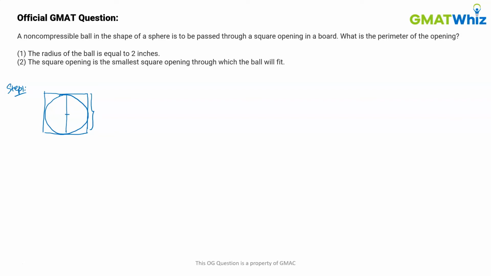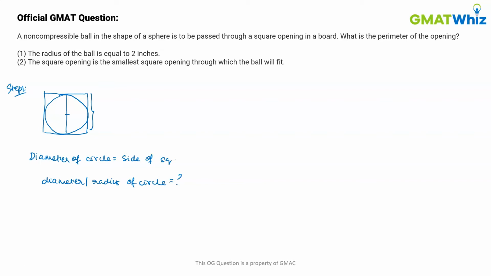From the question, we can infer the diameter of the circle will be equal to the side of the square. So, we have to find out either the diameter or radius of the circle to find the side of the square and thus find the perimeter of the opening.